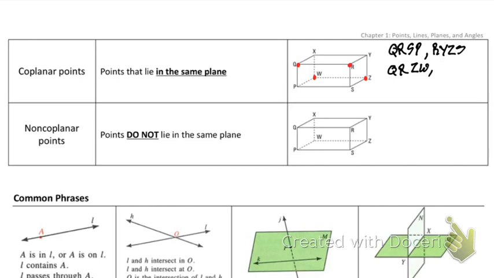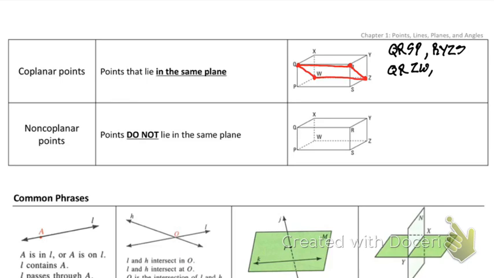But just like collinear, points are coplanar if you can draw a flat surface through all of them. So let's picture this drawing. See how this flat surface is just angled? Because I can connect all four of those points and it makes that flat wall, they are in fact coplanar.